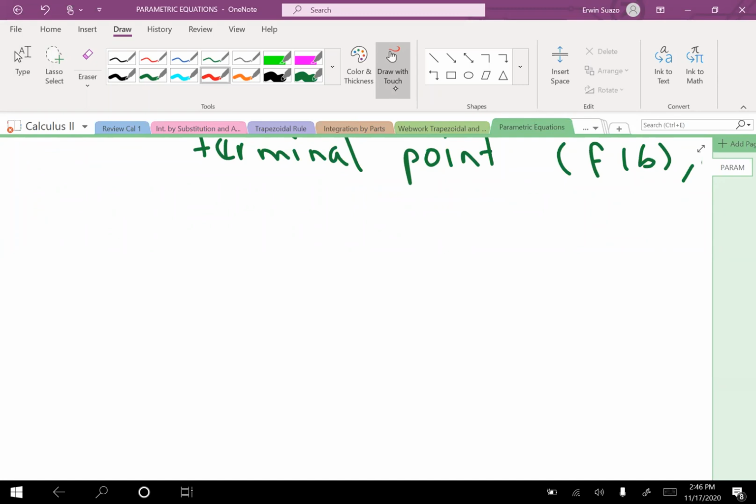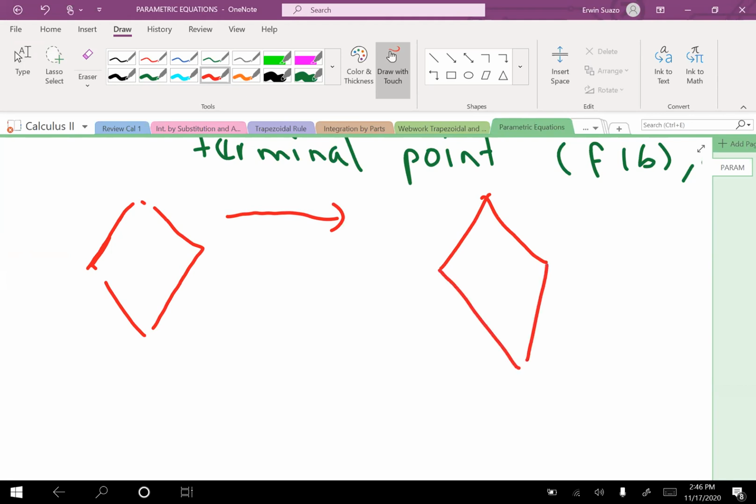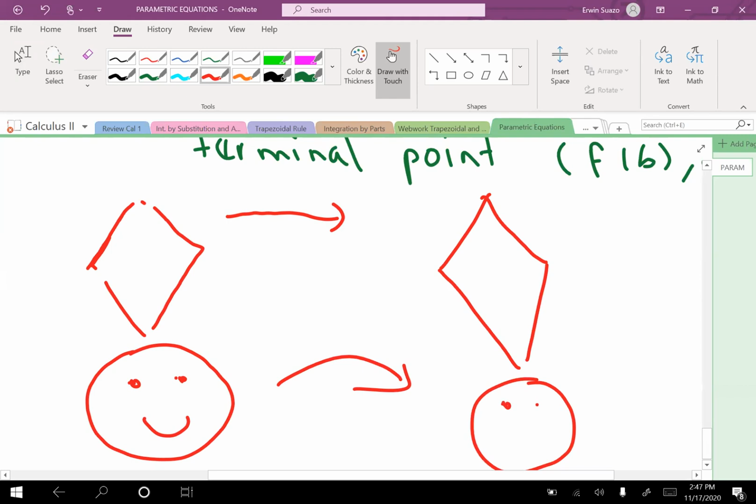I remember when I used to have programming classes at my university, they made us make rectangles, right? And we were able to move the rectangle over here, like displacements. So you could also make a happy face and then transform it into a sad face.